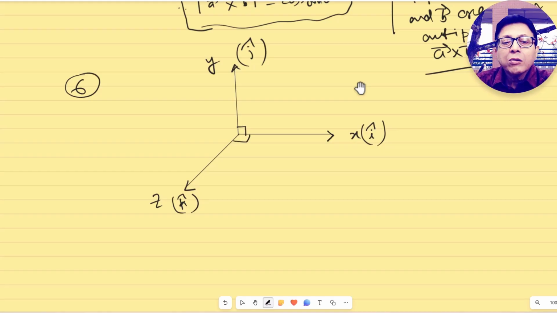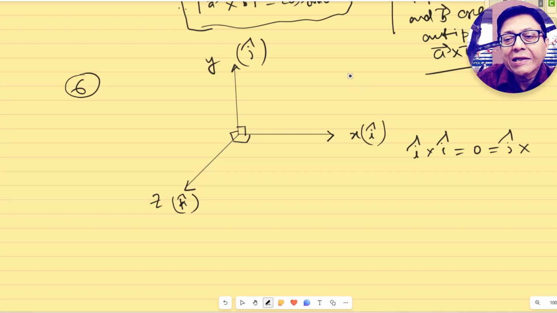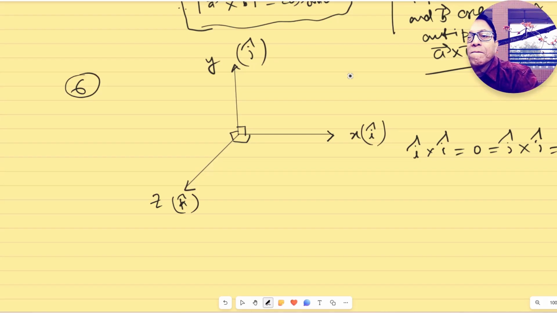Now let us discuss the calculations involved in unit vectors. With the idea we already got, I am taking a right-handed system. This is your x, y and z axis, I cap, j cap and k cap, each 90 degrees apart.